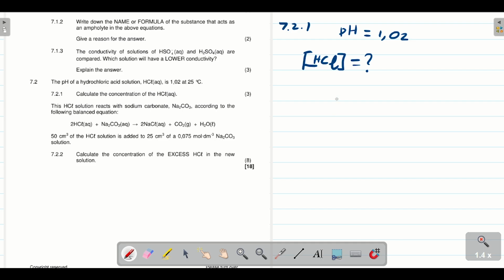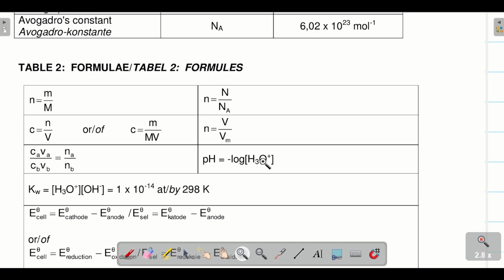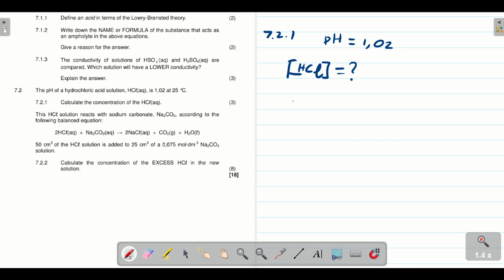Now, because they gave us the pH, we can work backwards to find hydronium. If we look at the back of our exam paper on our formula sheet, we'll find this formula here. We can use this formula to get the concentration of hydronium. So we'll have this formula, pH equals minus log H3O plus.